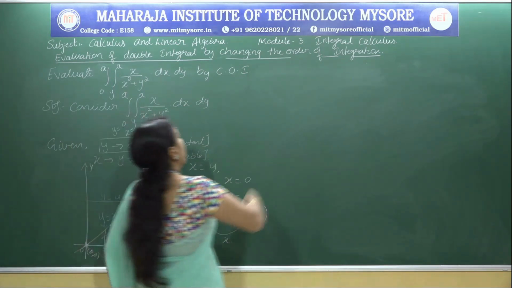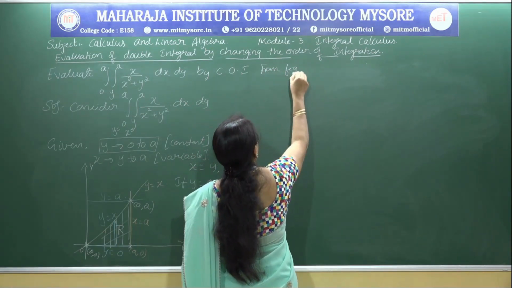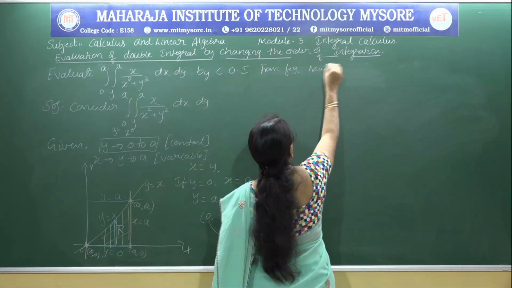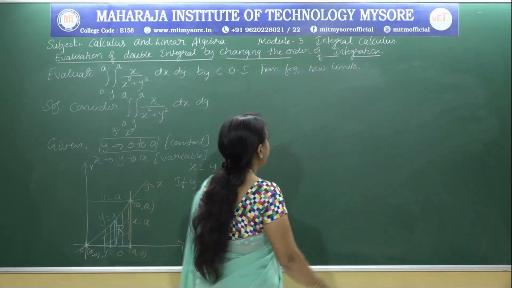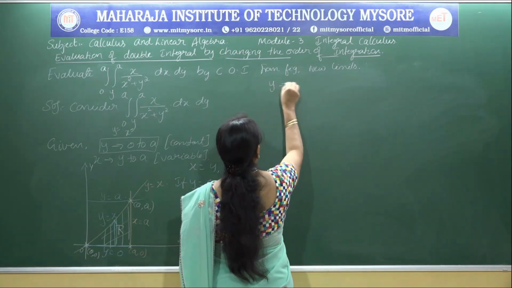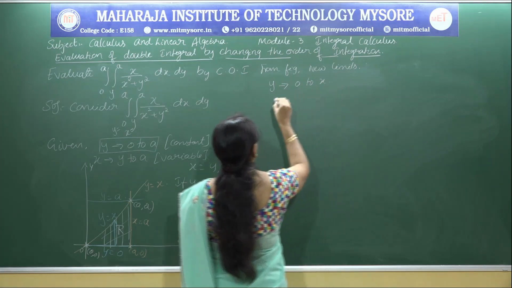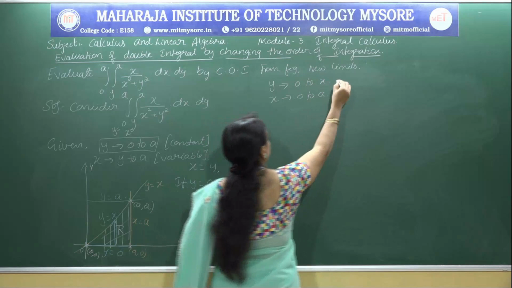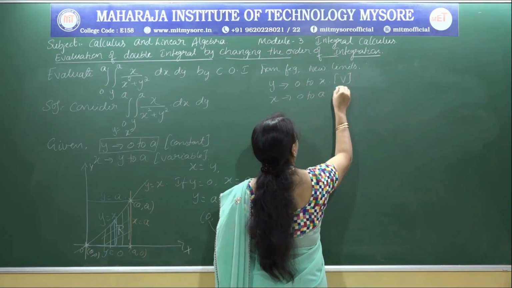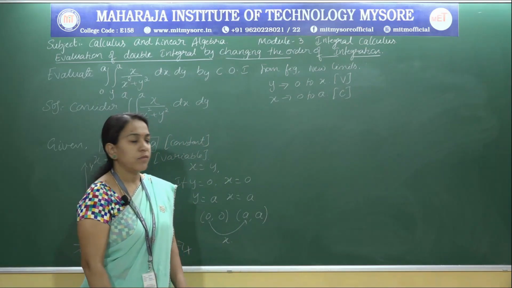Therefore, from the figure, our new limits obtained by changing the order are: y has a variable limit, y varies from 0 to x and x varies from 0 to a. So y is a variable limit now and x is changed to a constant limit.